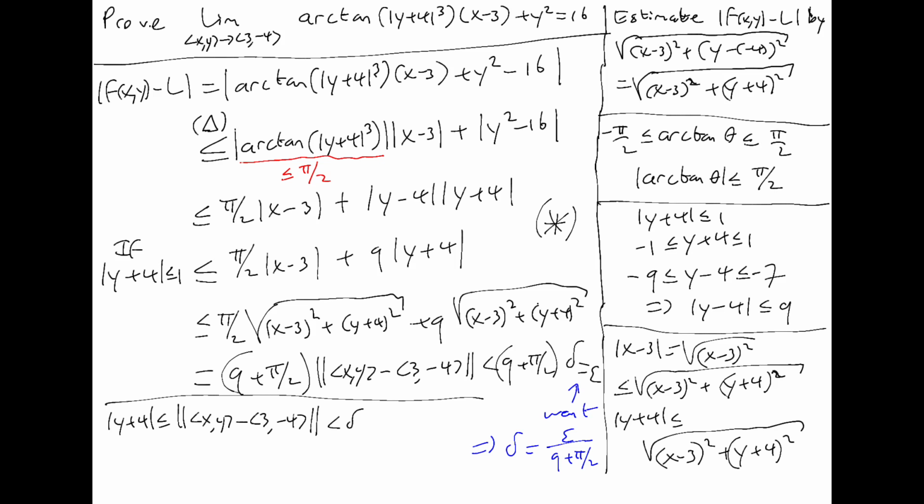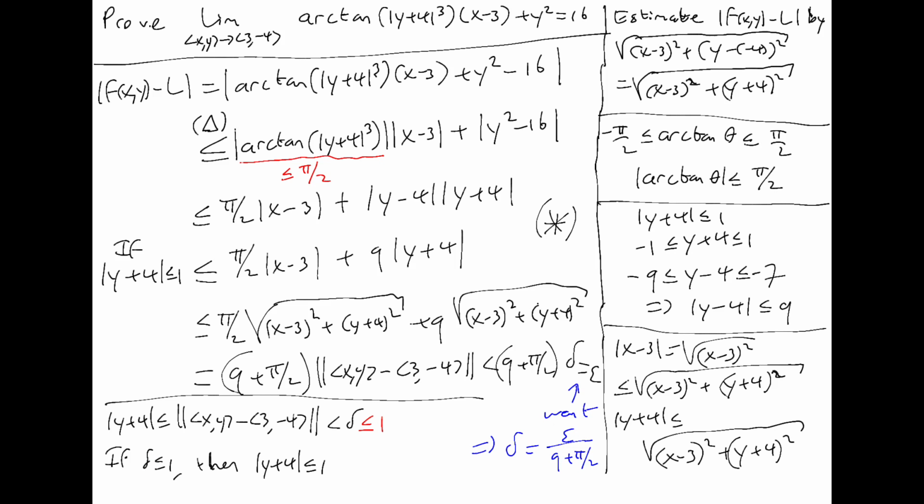So we see that if we pick delta to be less or equal than 1, then we have what we need. We have that the absolute value of y plus 4 is less or equal than 1. Because if delta is less or equal than 1, then the absolute value of y plus 4 is less or equal than 1. Okay, so we see that delta should be less or equal than 1, and it should also be less or equal than epsilon over 9 plus pi over 2.